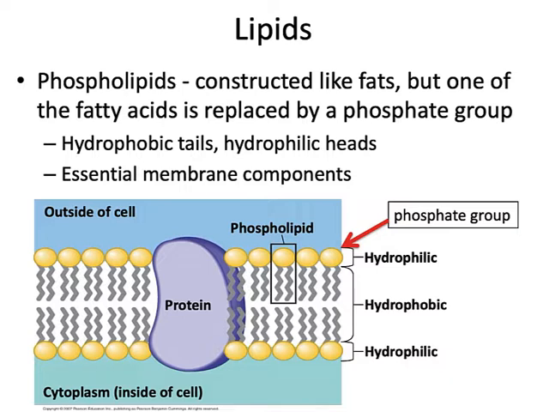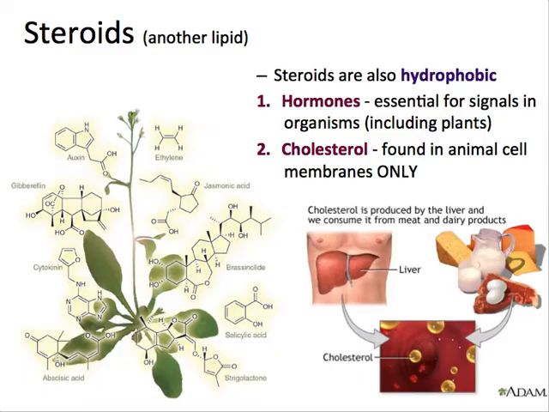And this is going to be essential when we talk about water relations in Chapter 9. How is it that molecules can move across cells, which is to say move across membranes? A final type of lipid is a steroid.